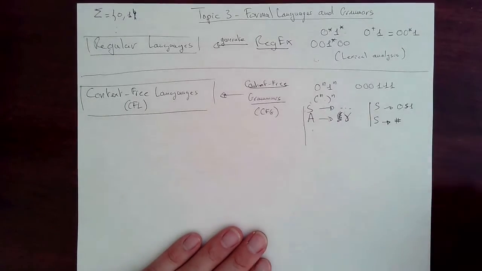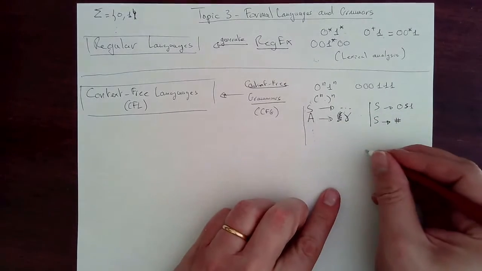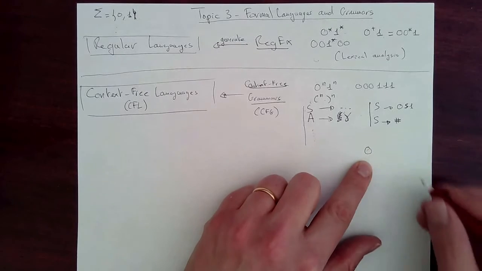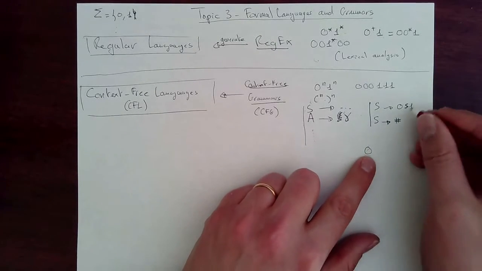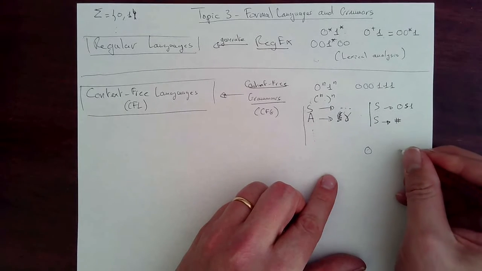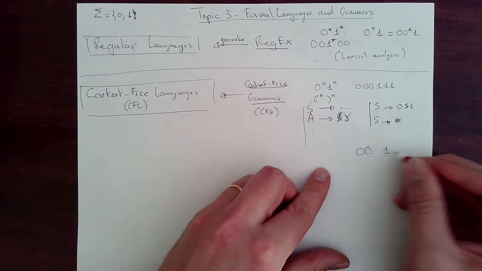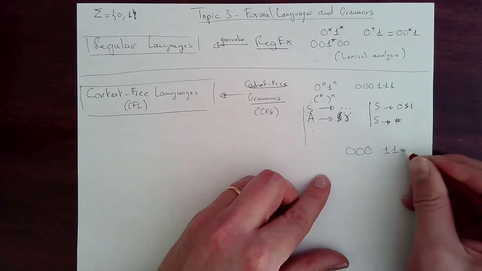So what can we generate with that? Well, you have to start here, and you need at least a 0 and a 1 to start with. And then you're going to replace the S here either by another 0 and 1, right? So either you push to the left the zeros and ones, and you can repeat that as many times as you want.